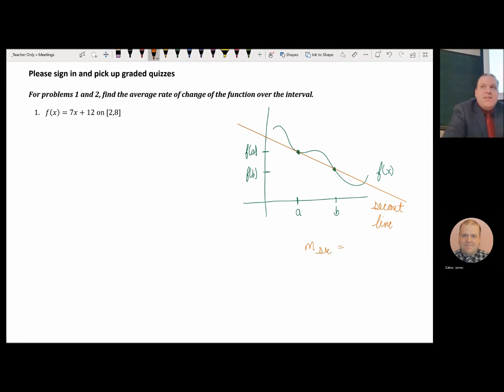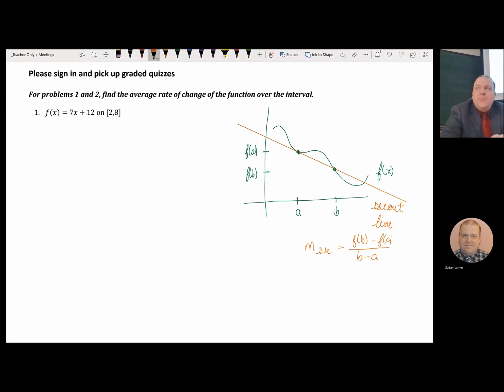We call it m sub sec to represent the slope for the secant line. So in this case, it'd be f of b minus f of a over b minus a.